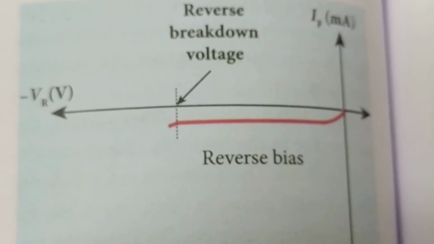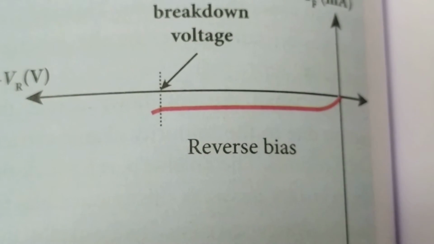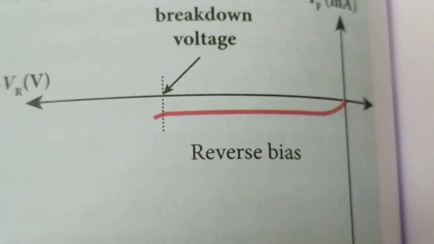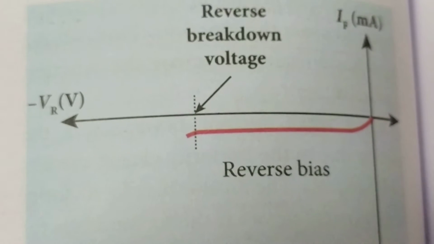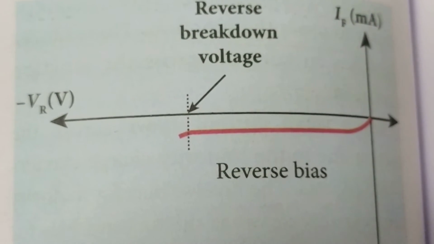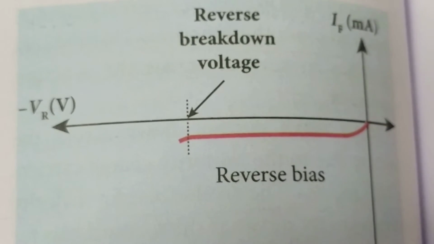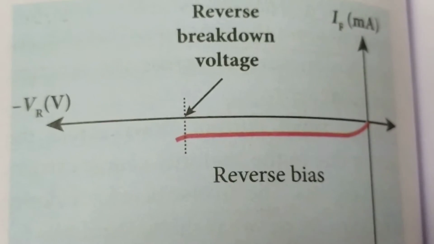When you see the graph of the reverse bias characteristics, you get the graph in the third quadrant, and this red line shows the saturation current. There is a constant value of current. This is called the reverse bias current, up to a certain value called the reverse breakdown voltage. After this reverse breakdown voltage, there will be an enormous current in the circuit.